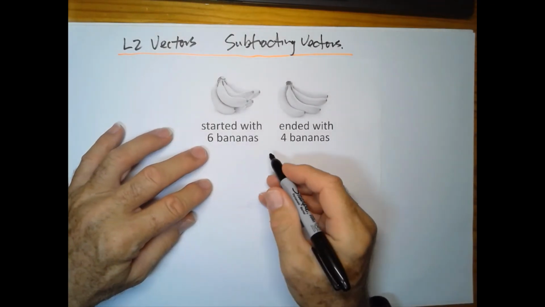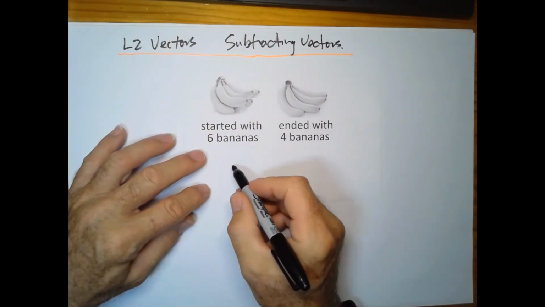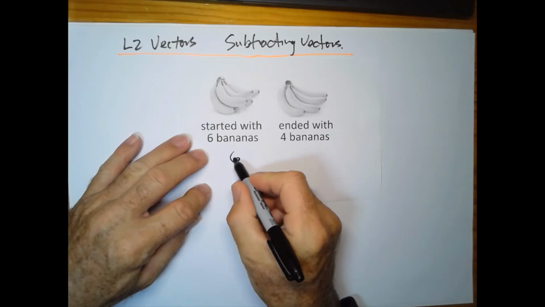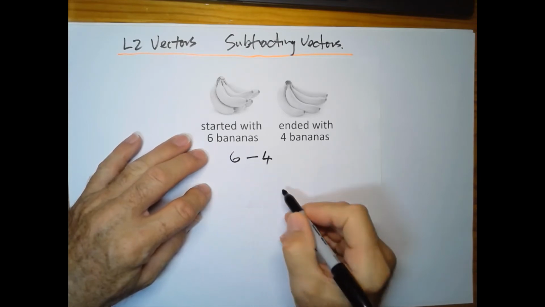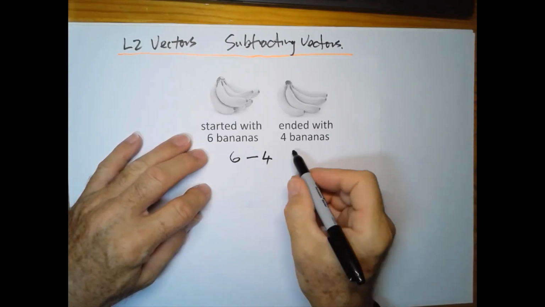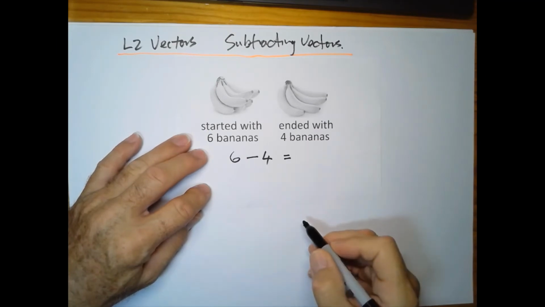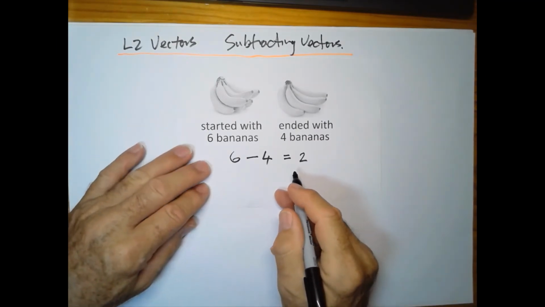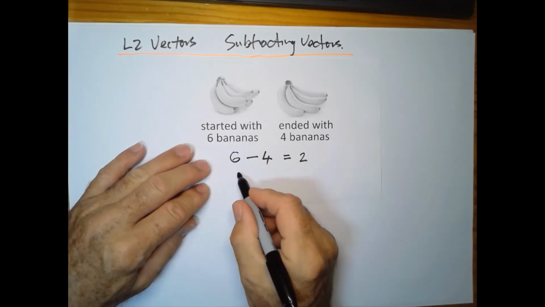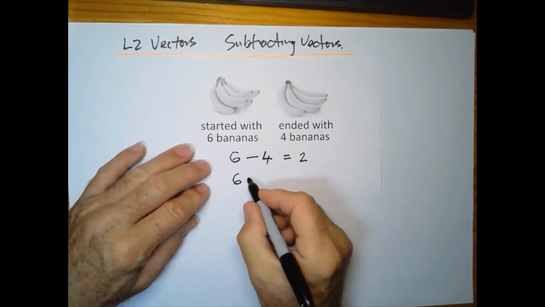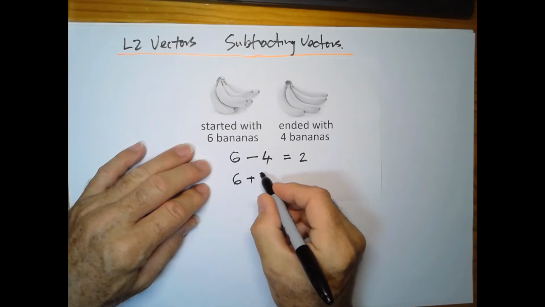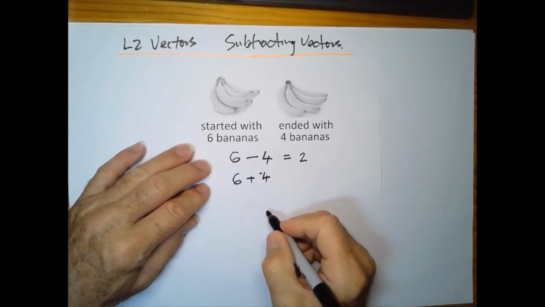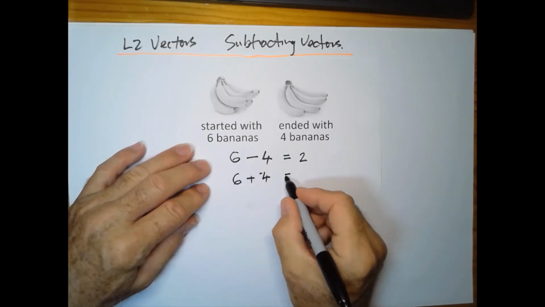What I want to do is 6 minus 4 bananas is equal to 2 bananas. Now mathematically we can write this another way. We can write 6 plus negative 4. 6 plus negative 4 equals 2.